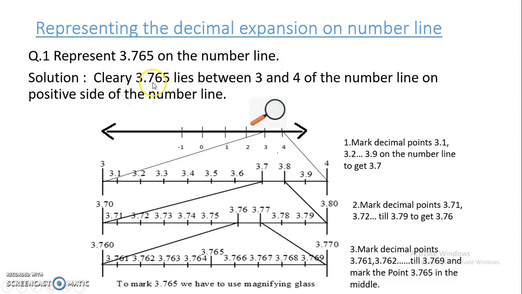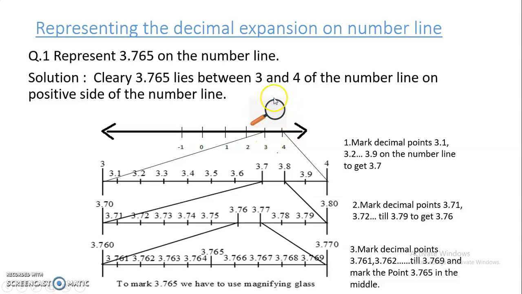Clearly 3.765 will lie between 3 and 4 on the positive side of the number line. You know that after 0 on this side there are all the positive numbers, and 3.7 will lie between 3 and 4.